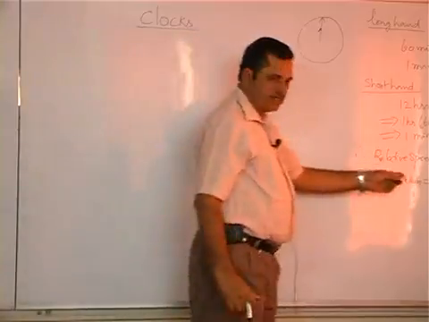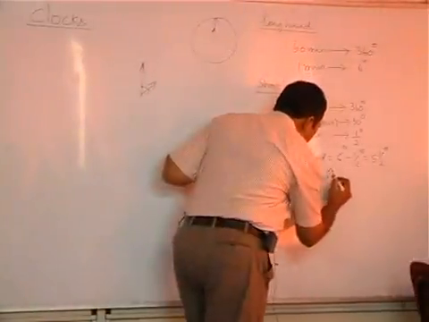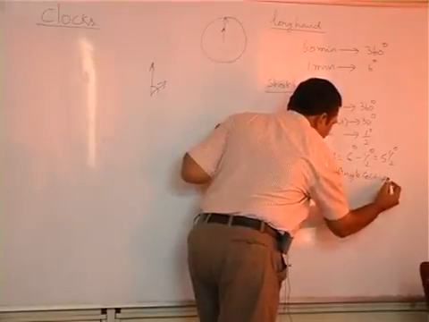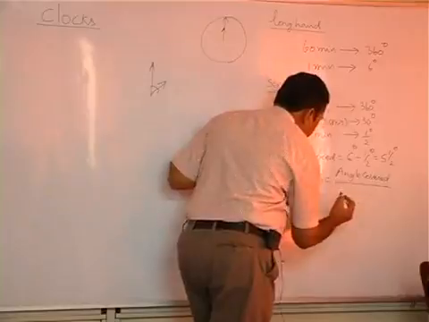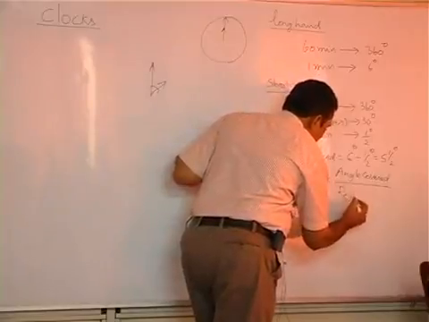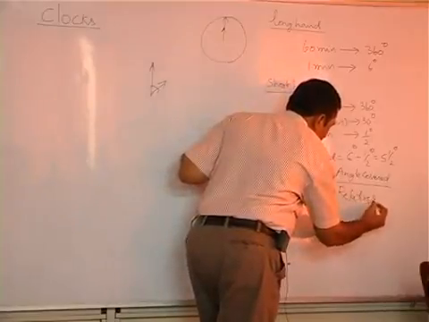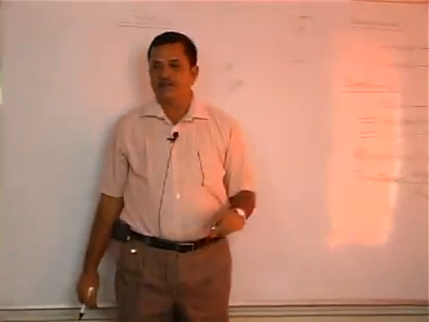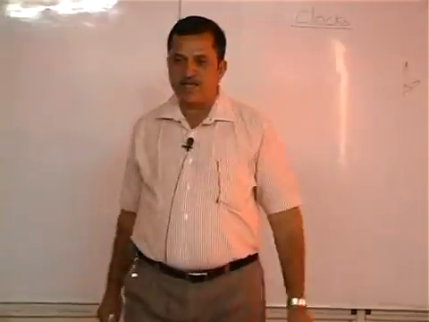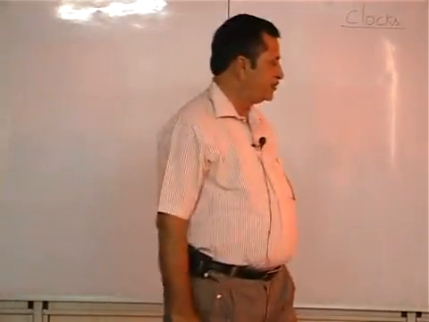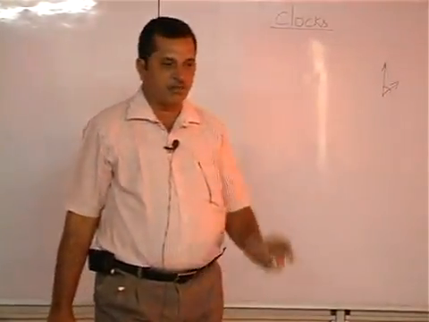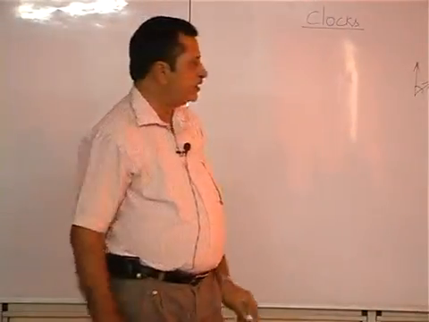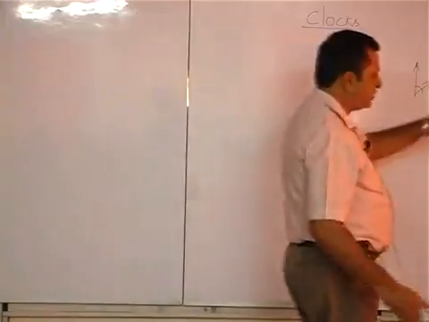So in place of distance, you take angle covered by relative speed. Time is equal to distance by speed. In place of distance, we have angle. Speed related to both the hands, what we call as relative speed. This is the concept of clocks.